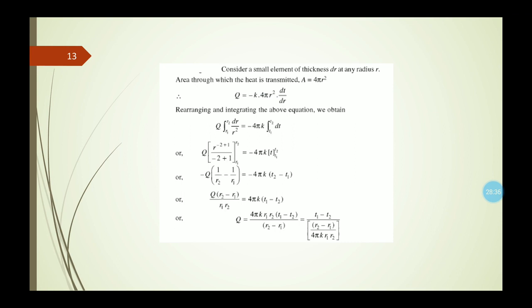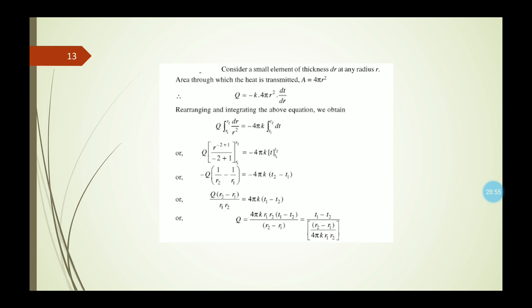The area through which the heat is transmitted is A equals 4 pi r squared. In Fourier's law of heat conduction, Q equals minus KA dT by dr, we replace the capital A with 4 pi r squared.